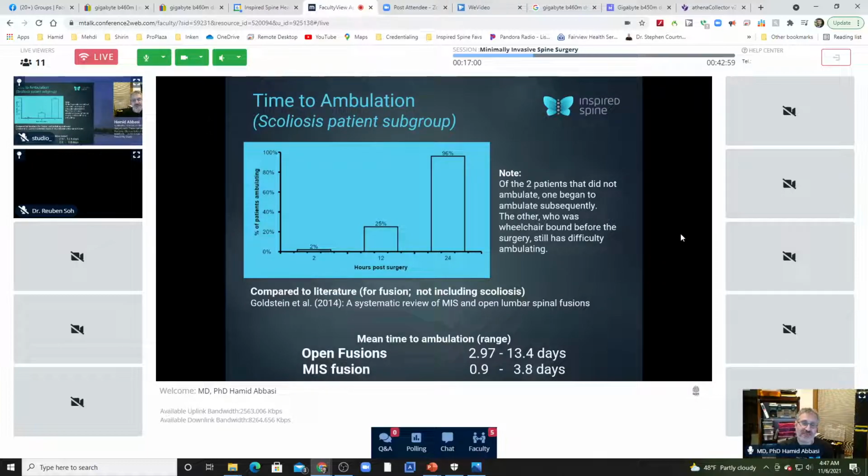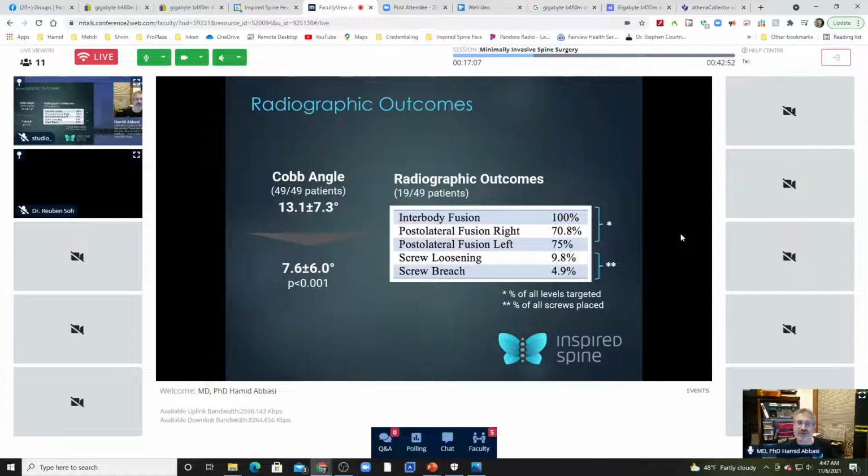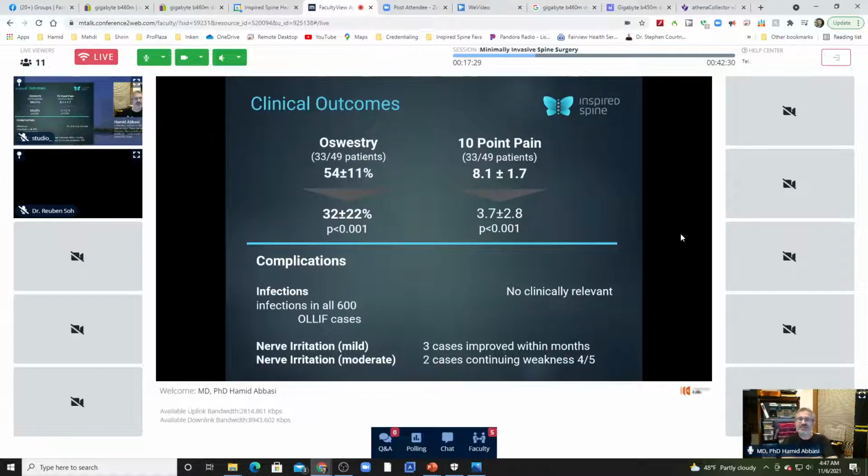As a matter of fact, for 1, 2 and 3 level, many of these patients are discharged within hours after the surgery. We could show that we can achieve significant fusion based on the reading of the radiologist. We are hypothesizing that because we are not devascularizing the bone by stripping the muscle, we can achieve higher rate of fusion. And as you see here, the patient could achieve significant clinical improvement after the surgery.